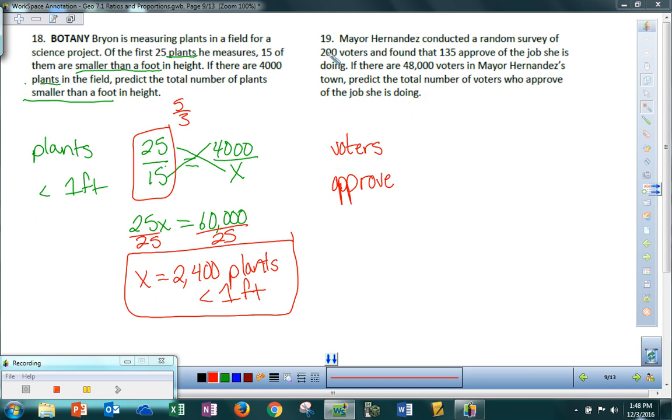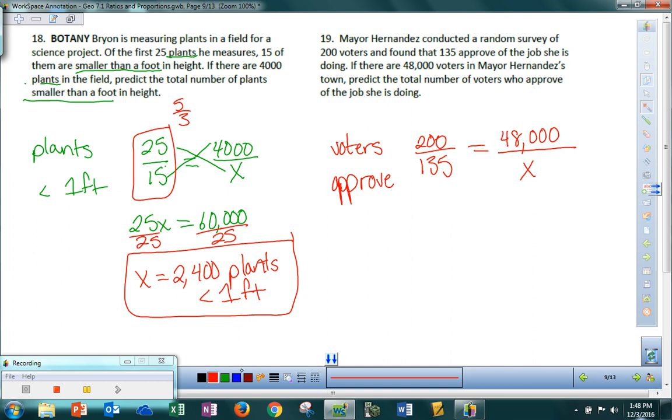So, total voters for the survey was 200, and out of those, 135 approved. And then total voters for the town was 48,000. And we want to know how many approved based on that.